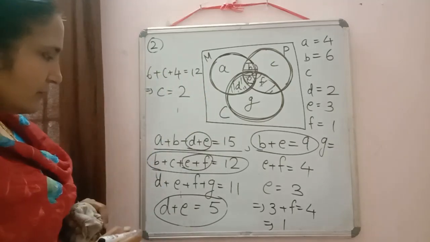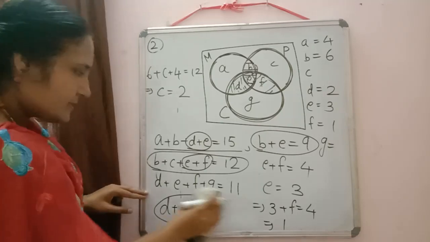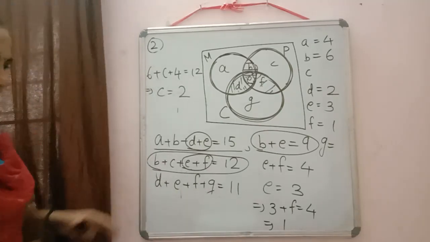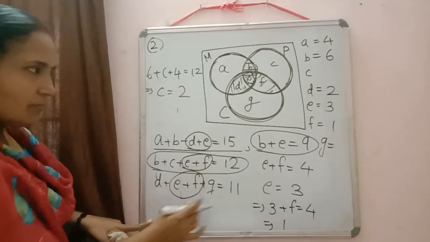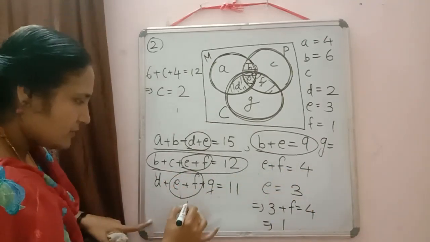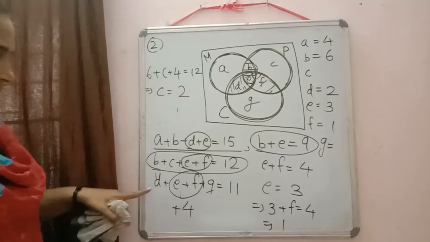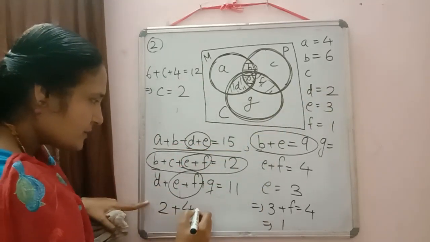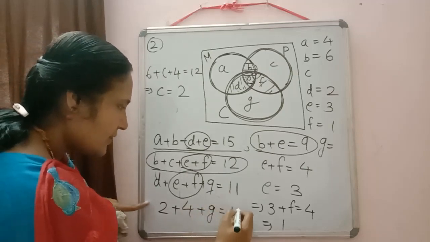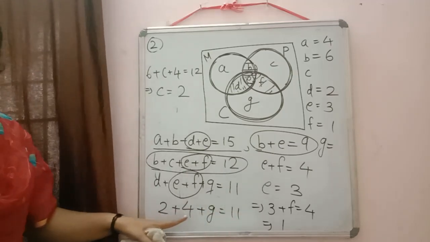Now we want the value of G also. So the last equation. In the last equation, E plus F is equal to how much? 4. So in place of this we can write 4. D is equal to, we have calculated, 2. So 2 plus 4 plus G is equal to 11. 2 plus 4, 6.